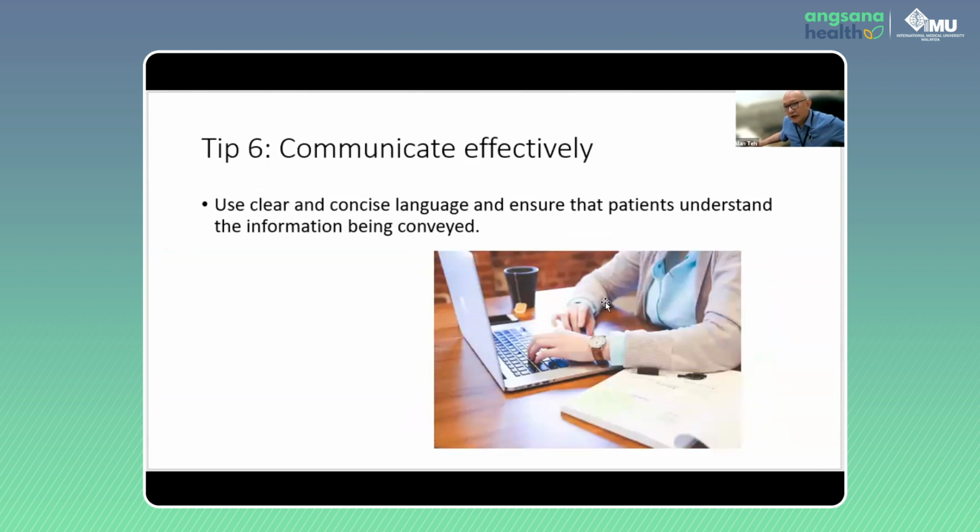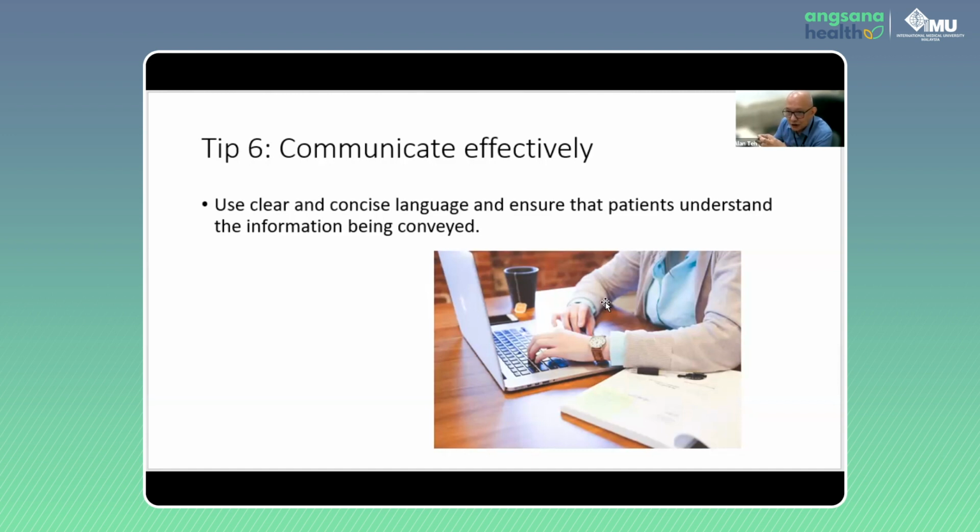Use clear and concise language to ensure that the patients understand the information we convey. I find this can be challenging sometimes when there is medical terminology, and some of it can be quite complex, or when using drug names, and you don't want the patient to misunderstand you. Most systems would have a text chat window.